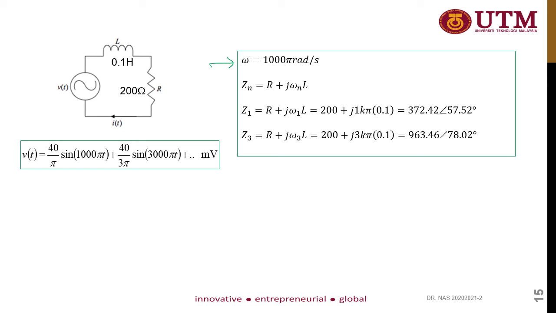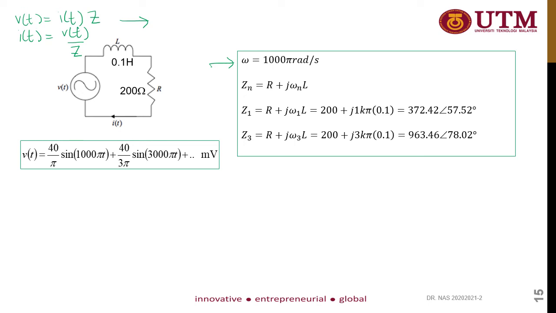You need to consider the total impedance because you have more than one component inside this circuit. Because VT is equal to IT multiplied with your impedance, to get IT, it is equal to VT divided by Z. So what is your Z in this case?